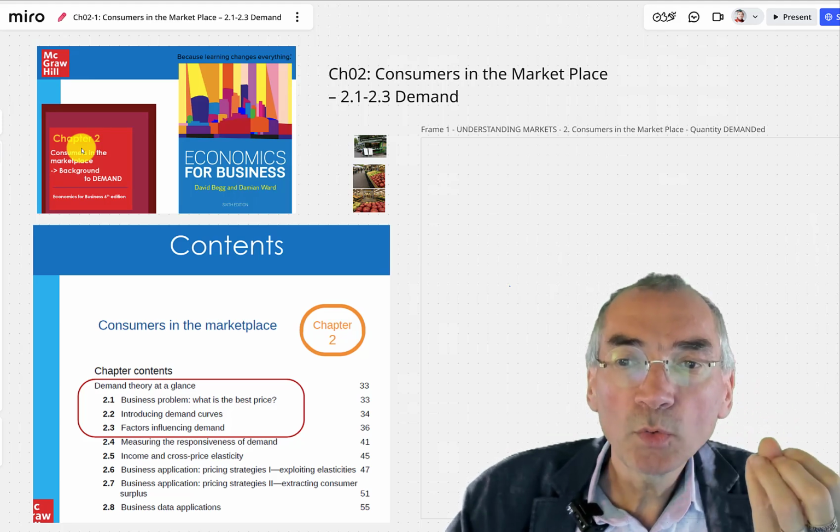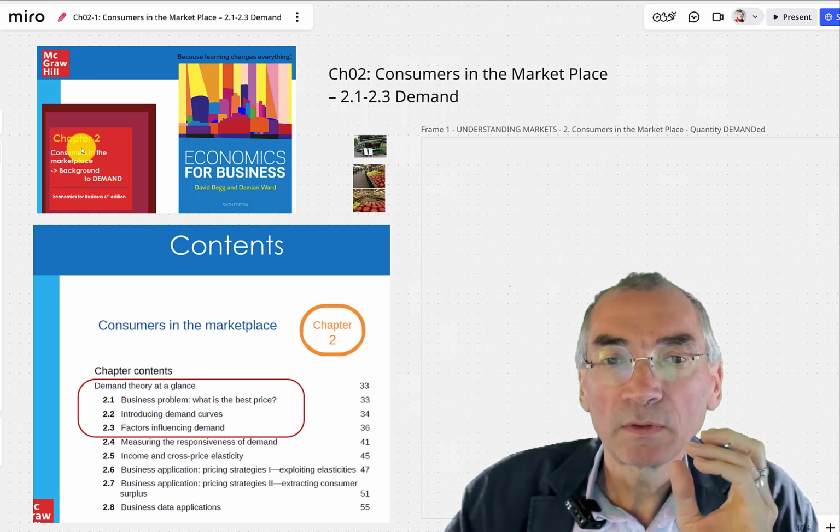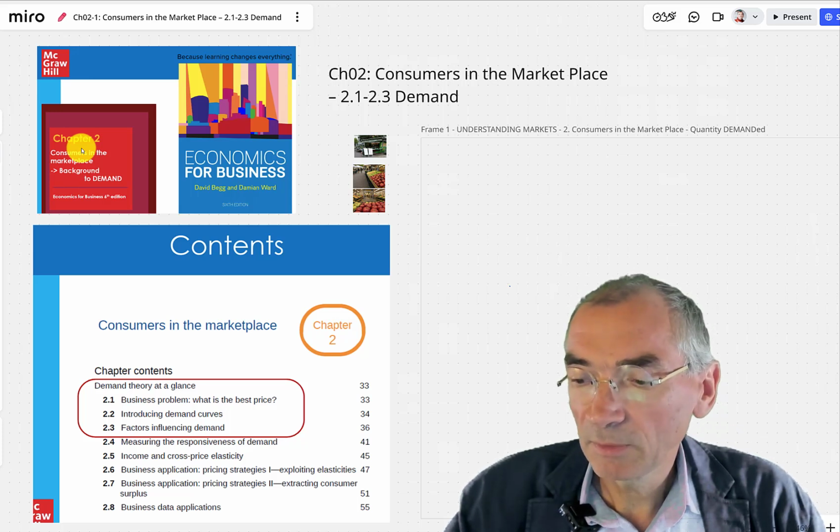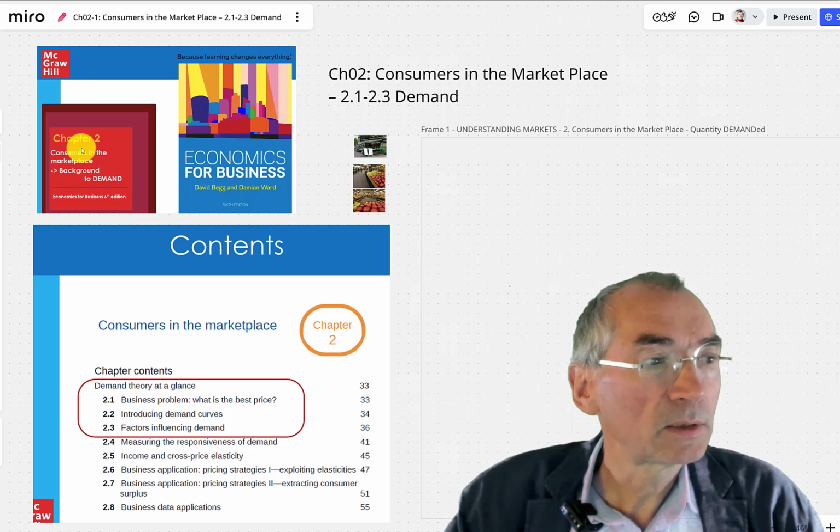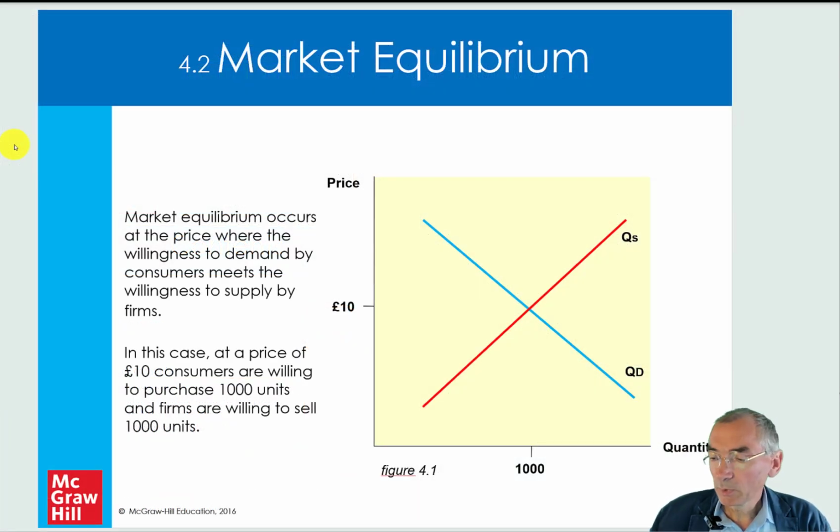And I suppose that most of us have seen the typical market diagram with an upward sloping quantity supplied and downward sloping quantity demanded, or just demand function, supply function, which intersect in the middle in a place that we call equilibrium.